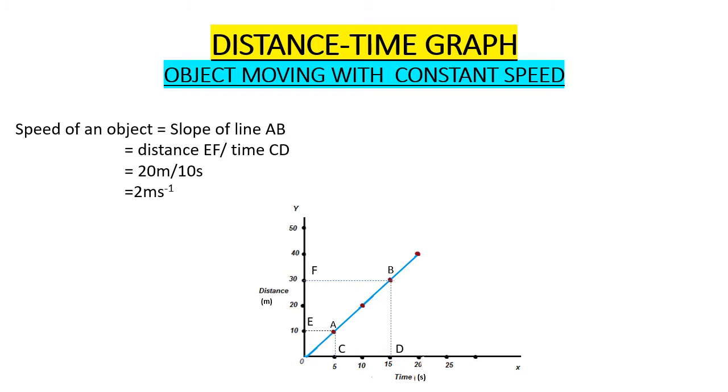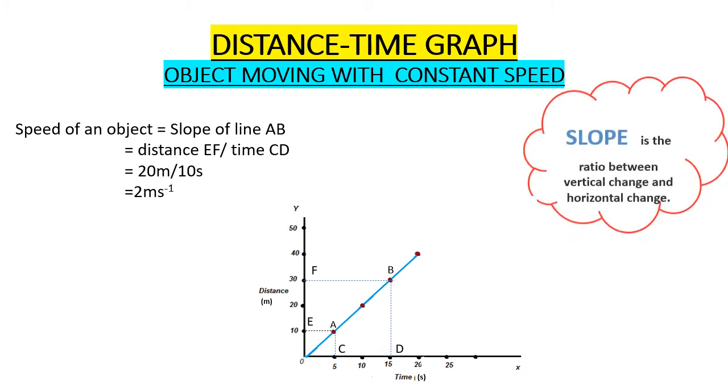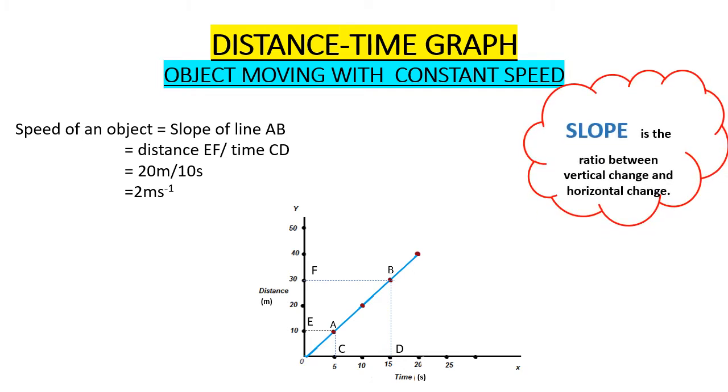What is a slope? As you remember, the slope is the ratio between vertical change and horizontal change. How does the slope give us the speed of an object? If you remember, previously we have discussed that the quantities on vertical axis divided by the quantities on horizontal axis give us the speed at a particular point.